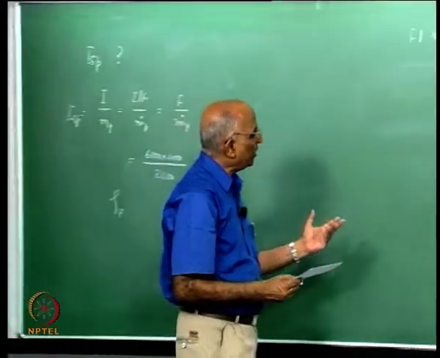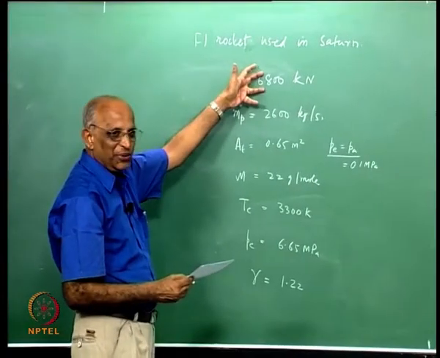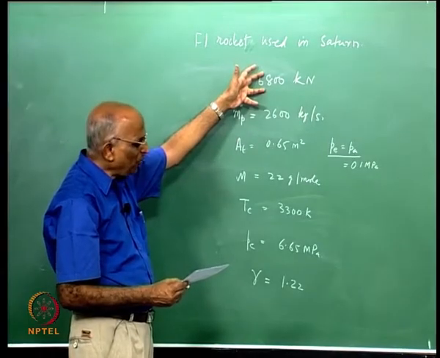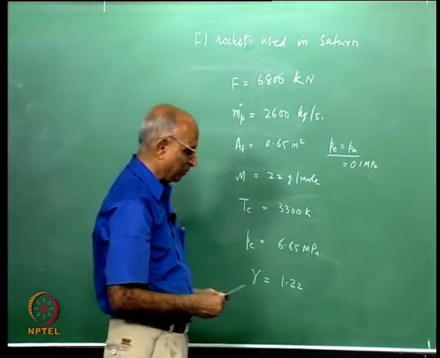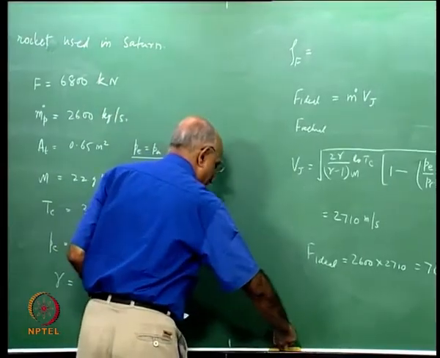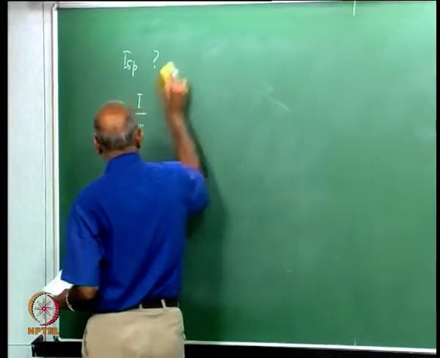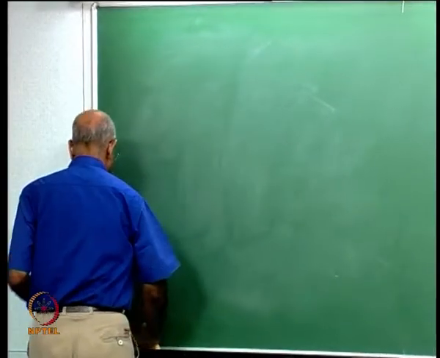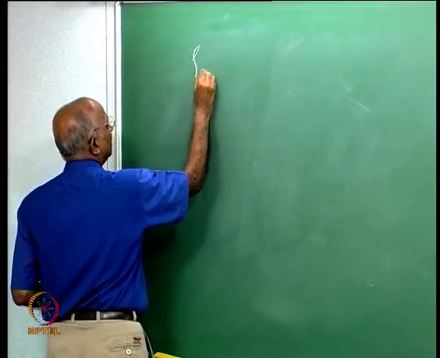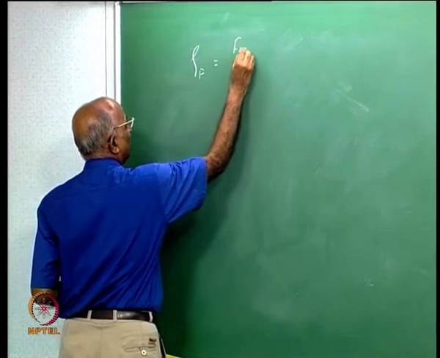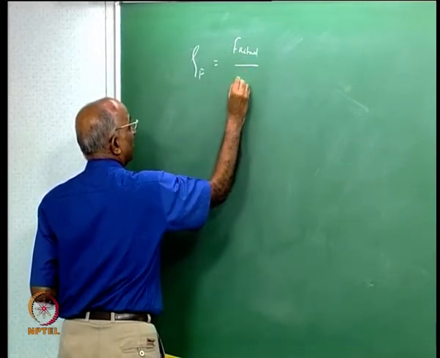What is the actual value of thrust? 6800 kilonewton. But how do I get the value of zeta F? My immediate reaction, or anybody's immediate reaction, would be that zeta F, the thrust correction factor, is equal to F actual divided by F ideal.